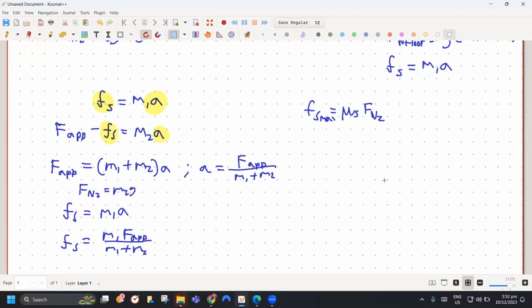What was FN2 again? FN2 is equal to M2g, right?